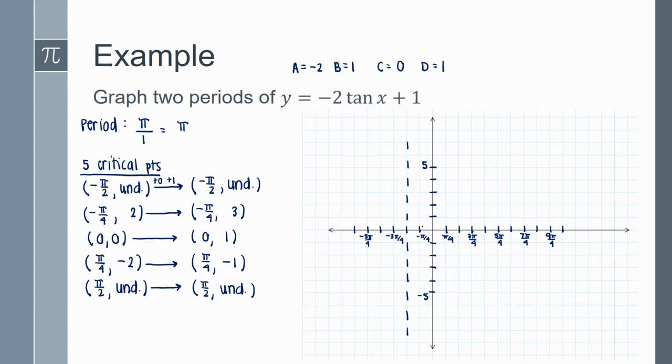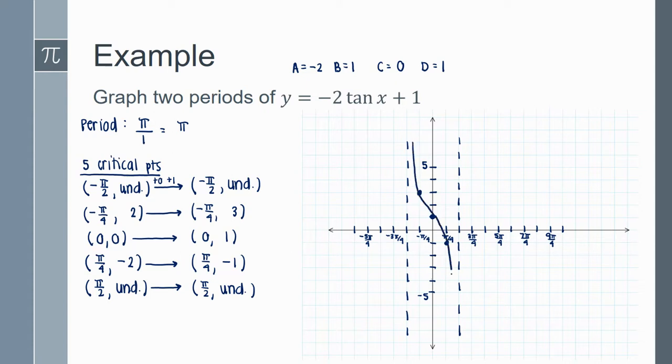Then -pi/4, +3. So that point is up here. 0, I want 1 then. Pi/4, we want to go down to -1. And then the second tick mark over, that's 2 pi/4, which reduces to pi/2. So there is everything for my first one. I just have to connect those points.